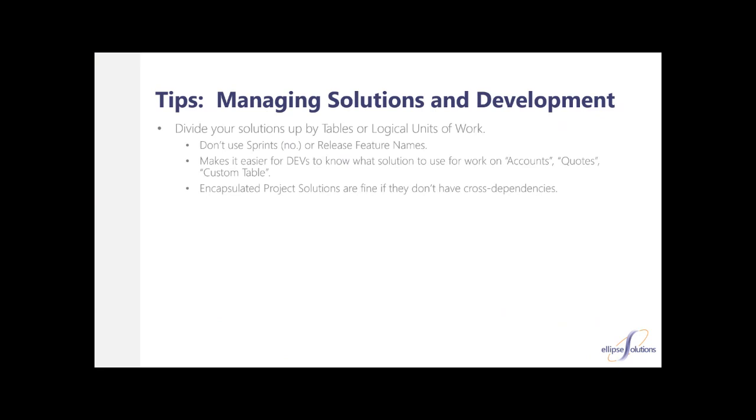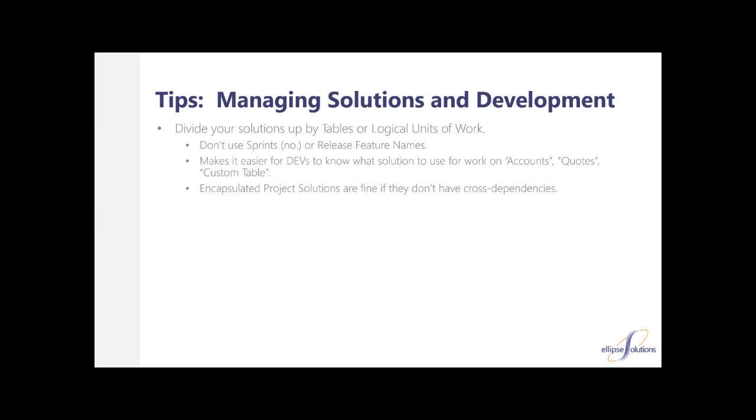And I found the best way to divide up solutions is by tables or logical units at work. Some people use sprint numbers or release feature names, or iteration names or numbers or something like that. And what I find is when you do that, you have a lot of the same things in different solutions.